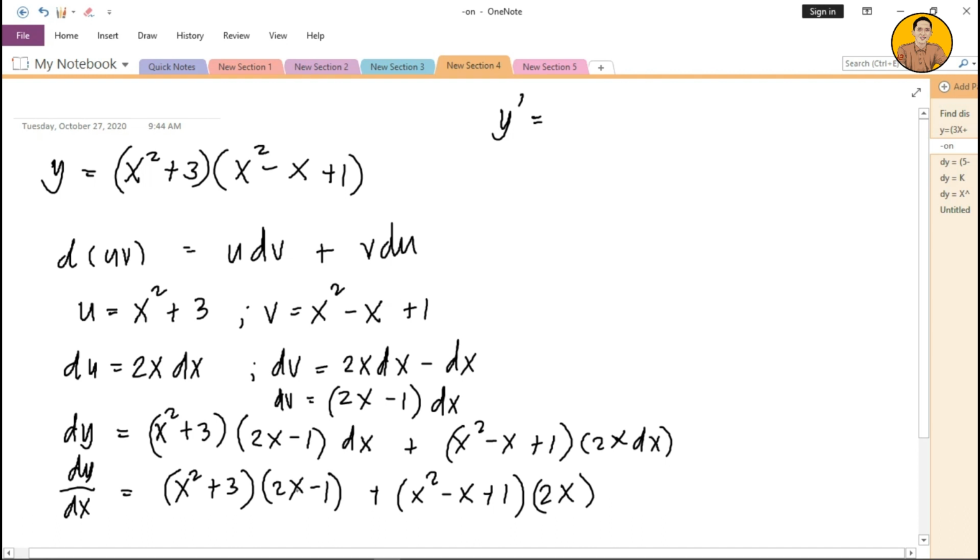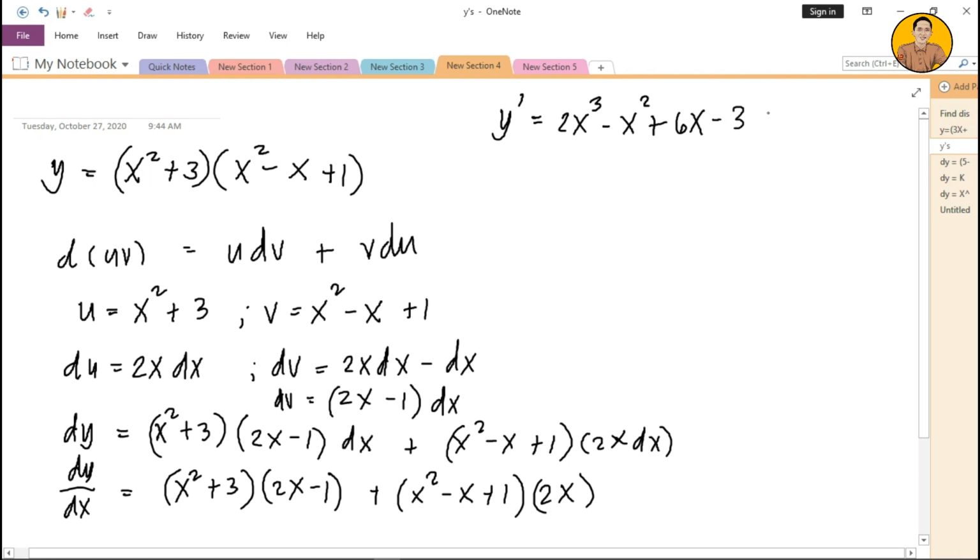So x squared times 2x, so this is 2x cubed. So x squared times negative 1, so this is negative x squared. So 3 times 2x, this is positive 6x. Okay? So 3 times negative 1, this is negative 3. And we'll proceed to the second term here.